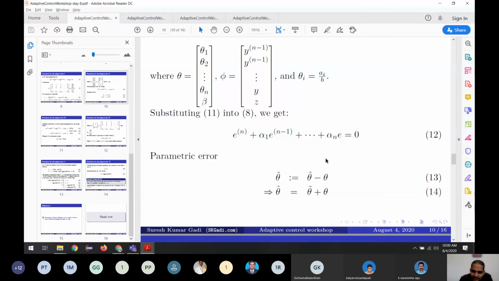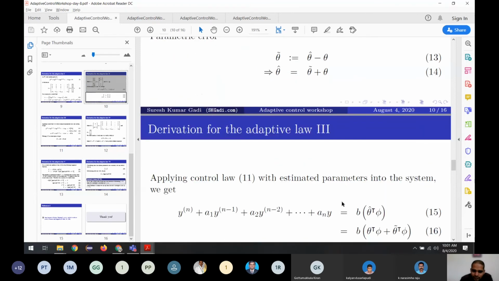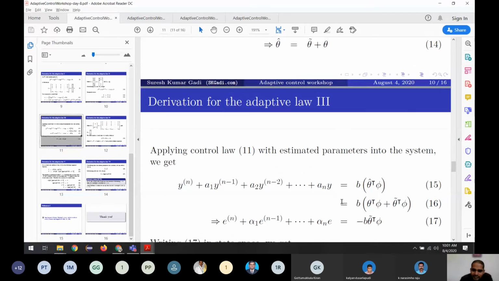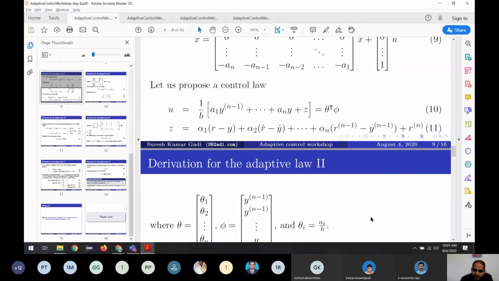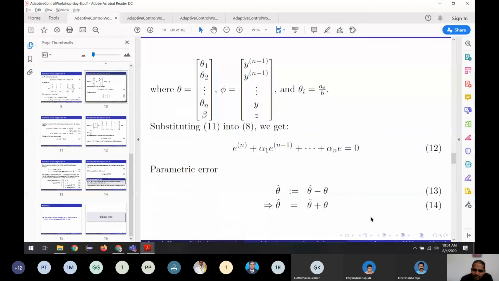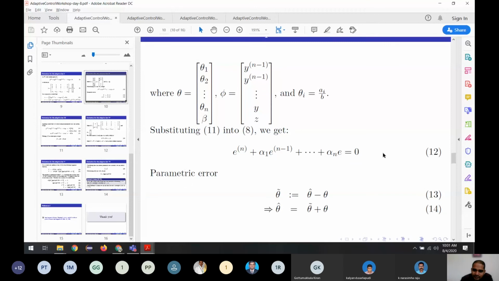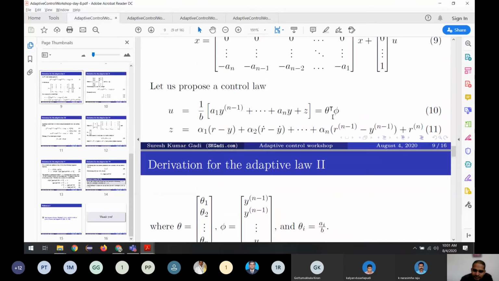So what we have access to is theta cap. We can calculate theta cap, but theta cap is the actual value plus some error. So what we want to do is implement the same algorithm that we have here, but instead of theta, we will apply theta cap. So if we apply theta cap, what happens here? So the U is theta cap transpose phi, right?